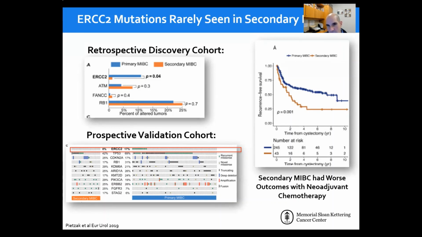And so it shouldn't be surprising that when we looked at our clinical outcomes for these patients, again, small numbers and needs to be validated prospectively, but patients with secondary muscle invasive bladder cancer had worse outcomes with neoadjuvant chemotherapy compared to those that present with primary muscle invasive disease.